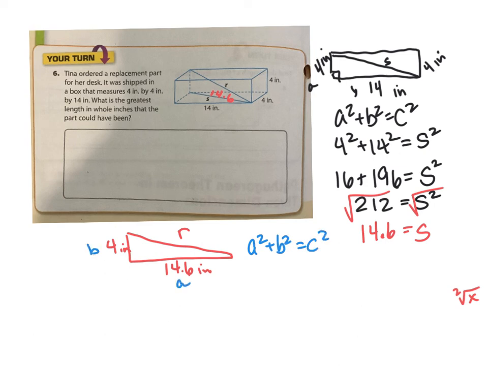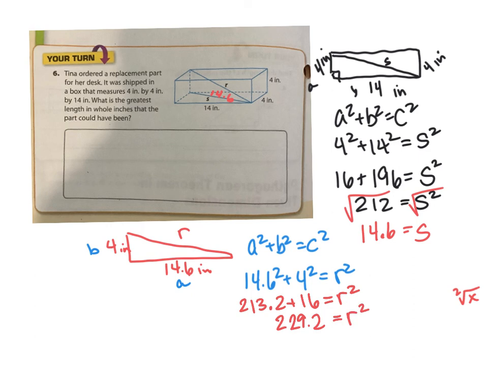Let's call that A, let's call that B. 14.6 squared plus 4 squared equals, now instead of c, let's use the variable r that they have there so my brain knows what's going on. 14.6 times 14.6 ends up being 213.16. I've been rounding things to the tenths place. I'm going to keep doing that. 213.2. And 4 to the second power is 16. Let's add those together. It's 229.2 equals r to the second power.